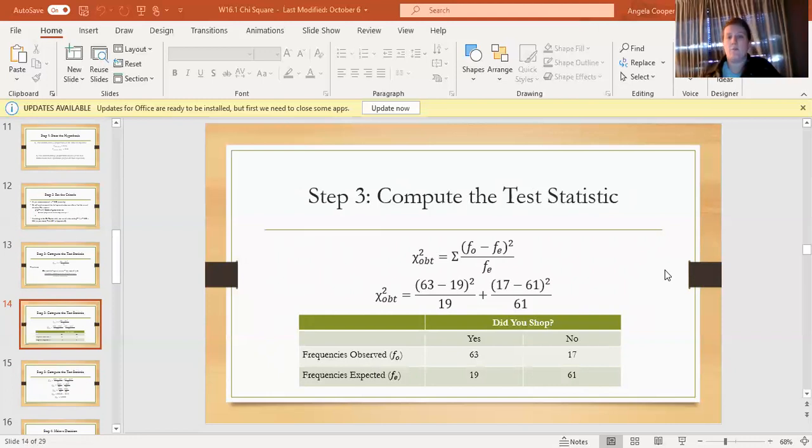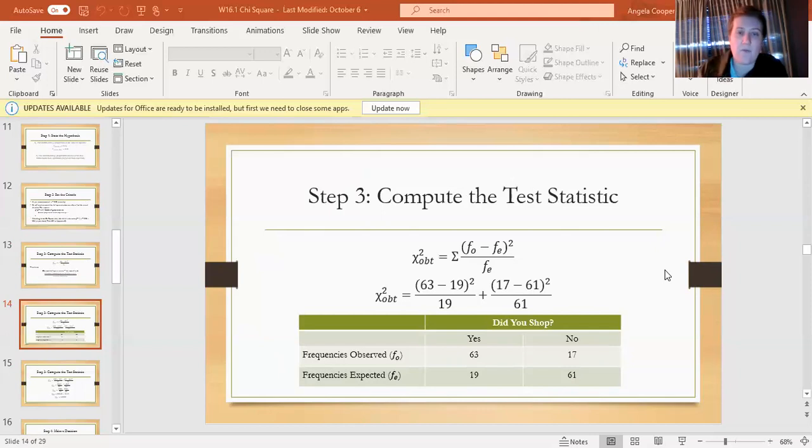We only have two groups here, so we only have two problems. We have 63 for the observed frequency of yes, they did shop, minus the expected frequency of 19, squared, divided by the expected frequency, 19.